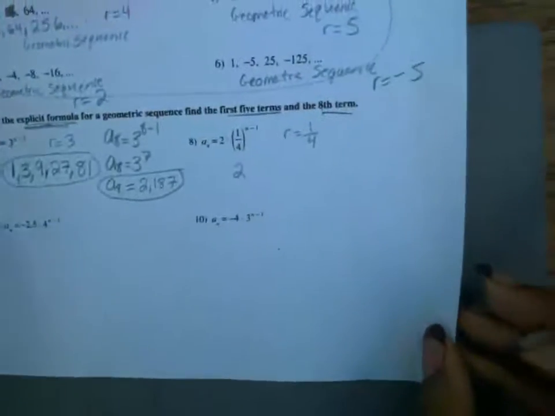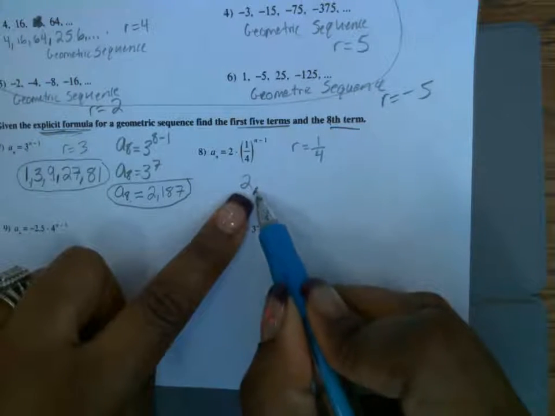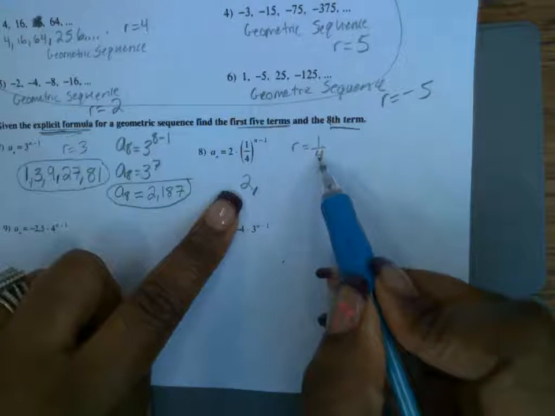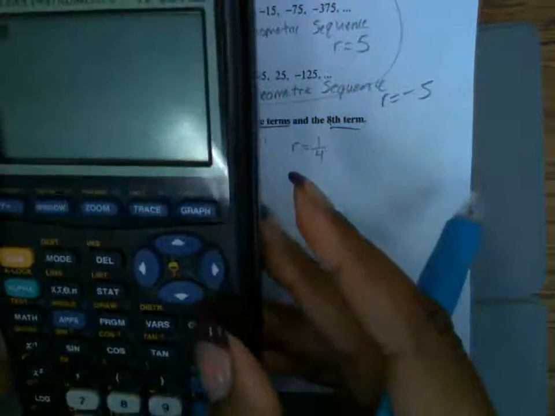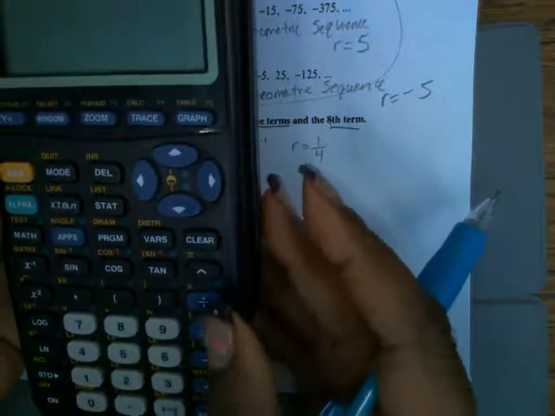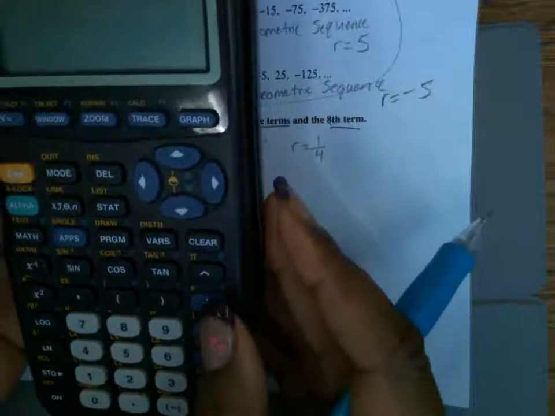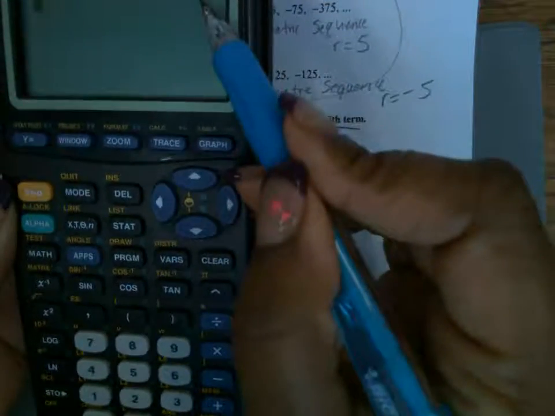All right, so your first number is 2, so for your second number, you're going to multiply 2 times 1 over 4. What's 2 times 1/4? Remember, you do it like this. So you can say 2 times, and you can put in parentheses 1/4, and that gives you 1/2.